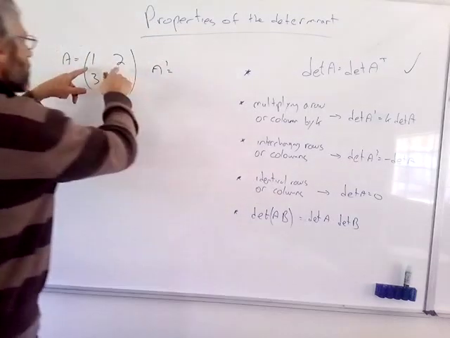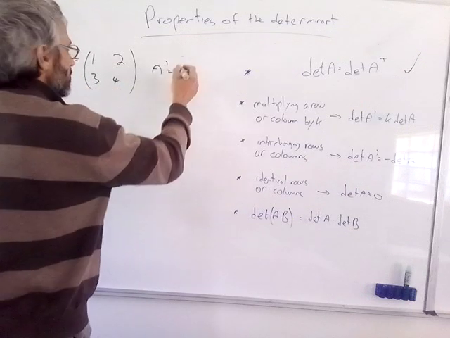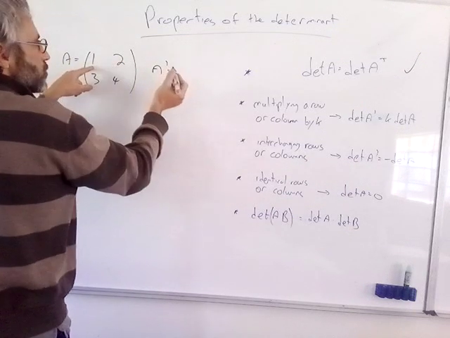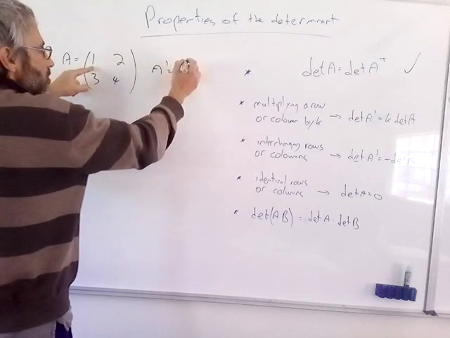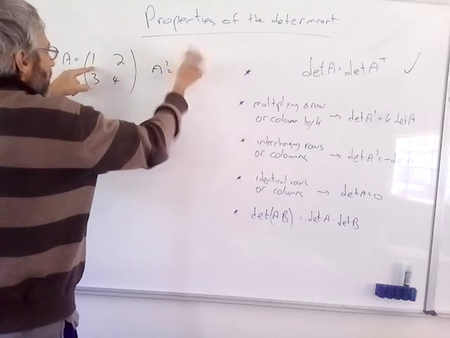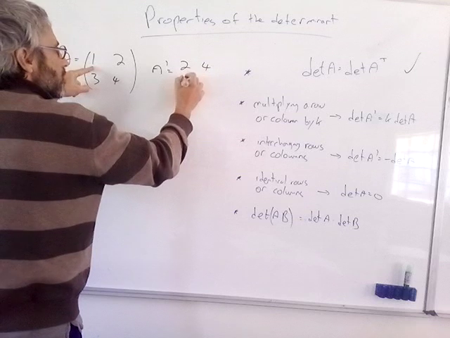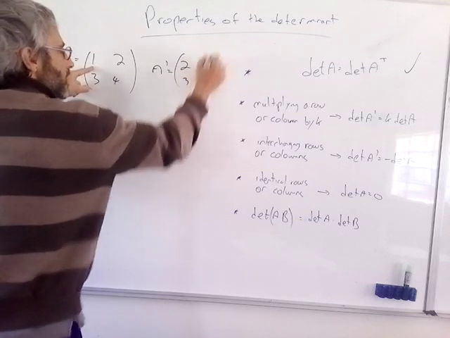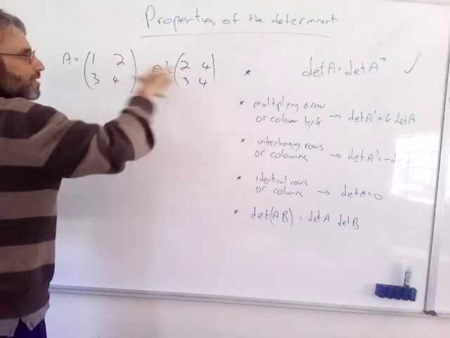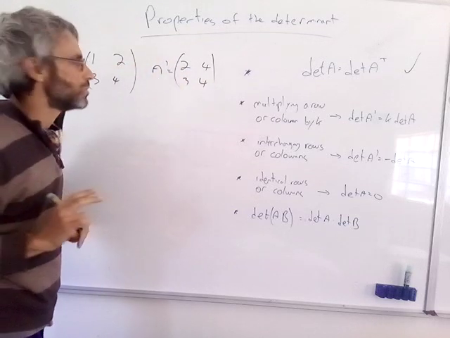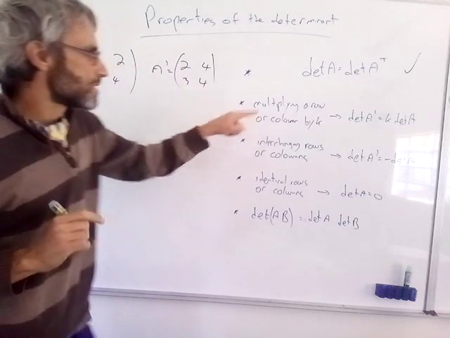So let's say we're going to multiply the first row by 2. So I'm going to multiply just the first row, and it will be 2, 4, 3, 4. I left the second row the same. I just multiplied the first row by 2. Now, what does this tell us?